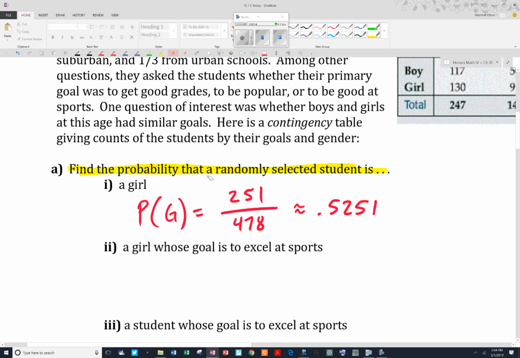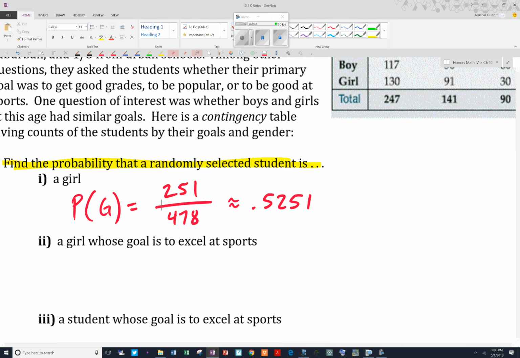If you want to give the decimal as well, that's fine. But this helps you get partial credit, because if you get at least the numerator or the denominator right, I know that you have the right idea, at least either about the sample space in the denominator or what you're interested in the numerator. But if you just put down the wrong decimal, and I don't know how you got it, you're losing more points. Does that make sense? Put the fraction. All right, that was 251.